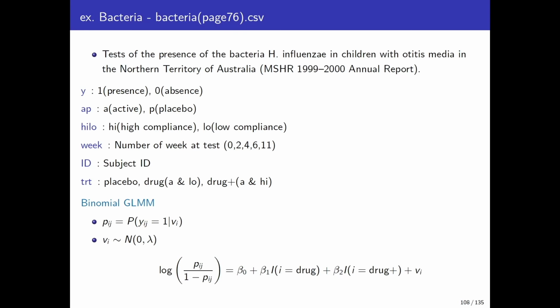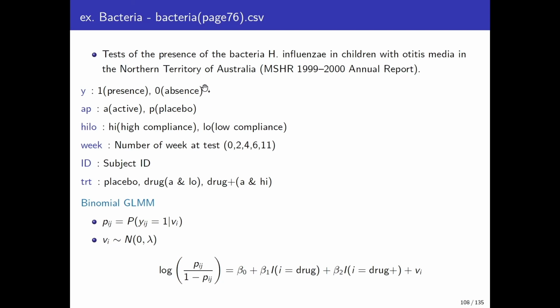We have Y, 1 for presence and 0 for absence, AP, A for active and P for placebo, hilo, high for high compliance and low for low compliance. We have week, the number of weeks at test: 0, 2, 4, 6, 11. ID, subject ID, TRT, the placebo, drug, and low, drug plus, and hi.